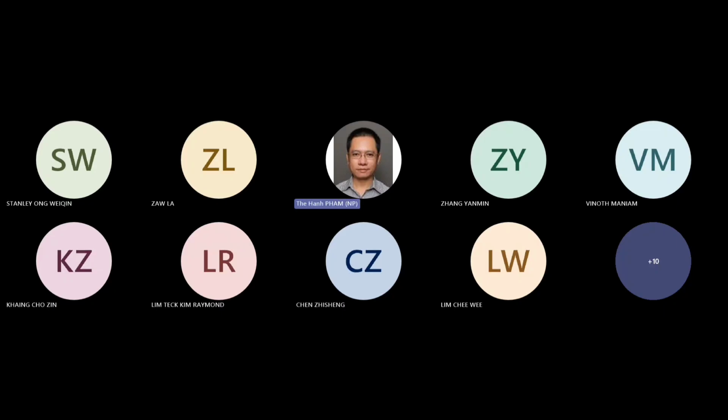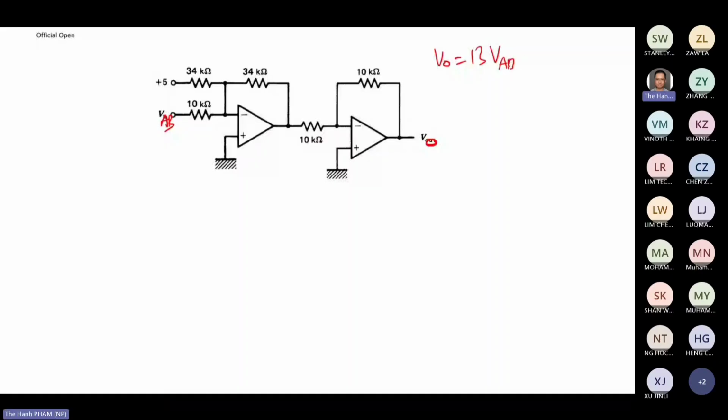Right, so the equation you need to implement is this one. This should be your VL. The equation for VL is 13 VAB plus 5. So there's 5 volt, right? You need to have 13 times.